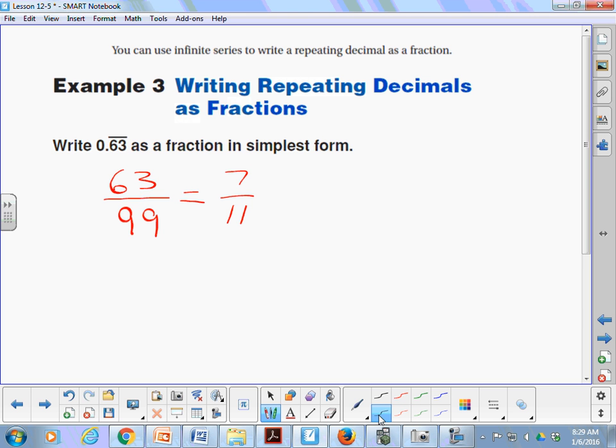If we have 0.521 repeating, that's equal to 521 over 999. All the single digit repeaters are just that number over 9: 1/9, 2/9, 3/9, 4/9, 5/9, and so on.